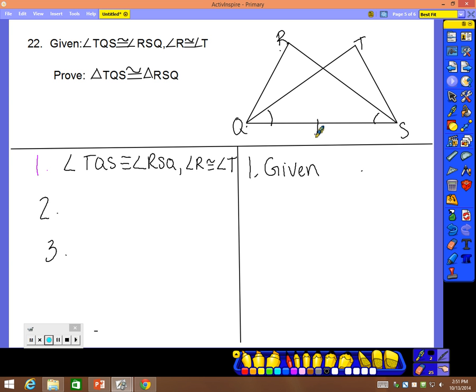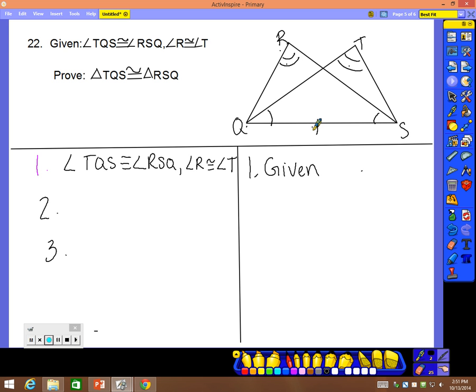And the other information it tells me is angle R, better do a double because I've already got one here, is congruent to angle T. So if I'm looking at this triangle, I have angle, angle, side.